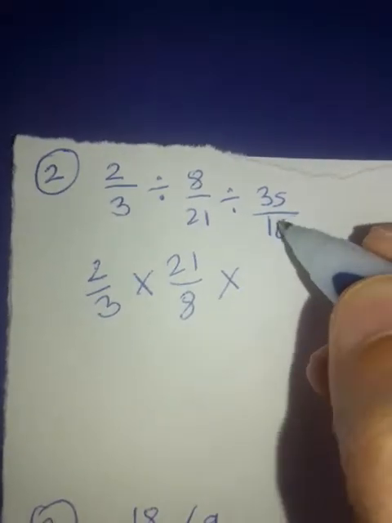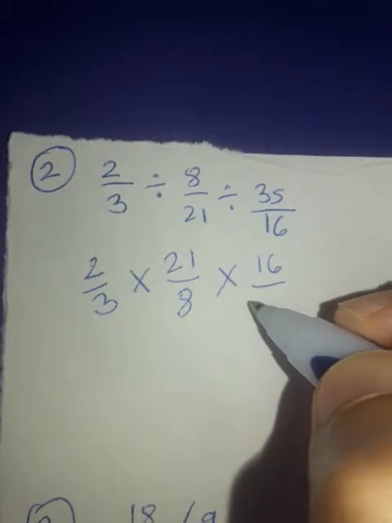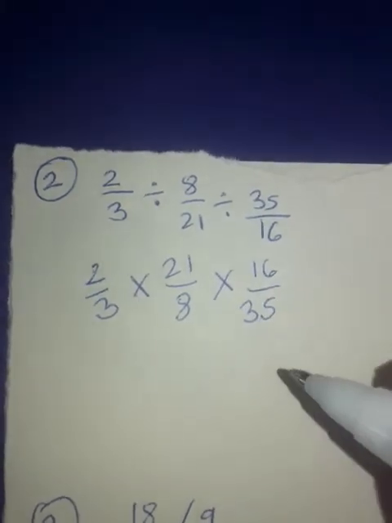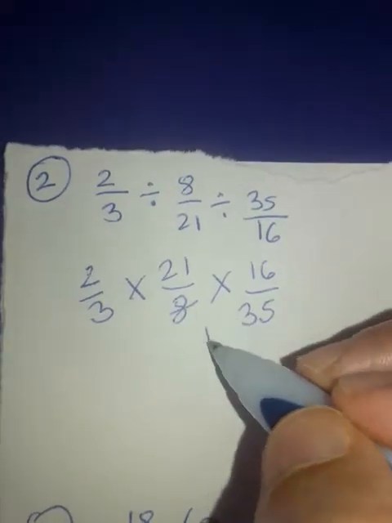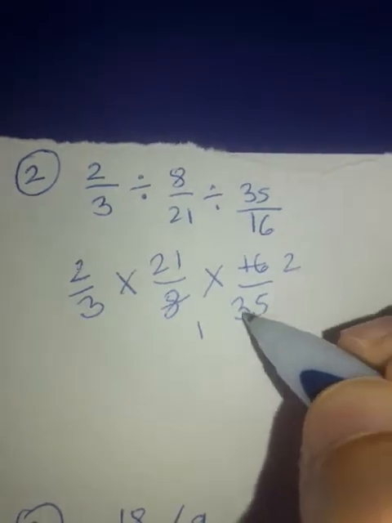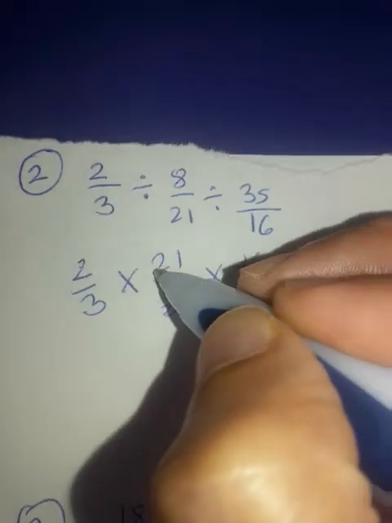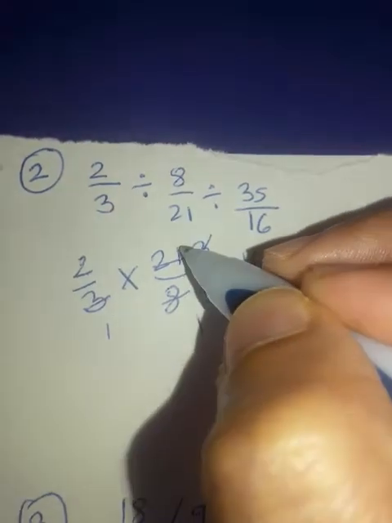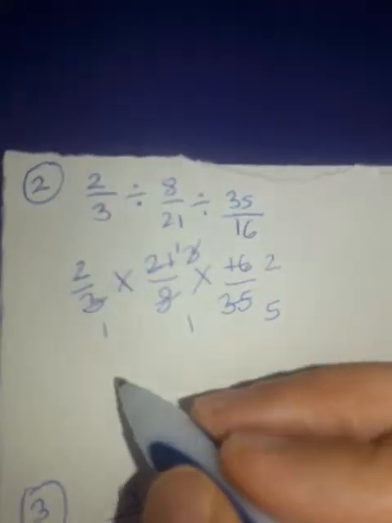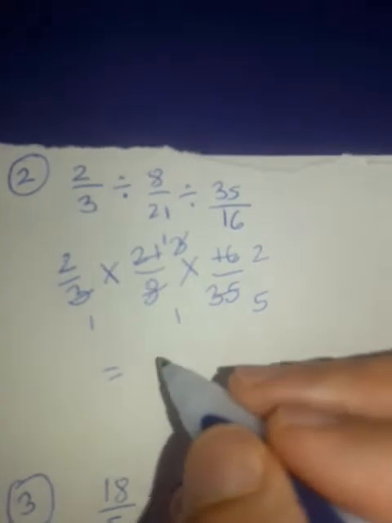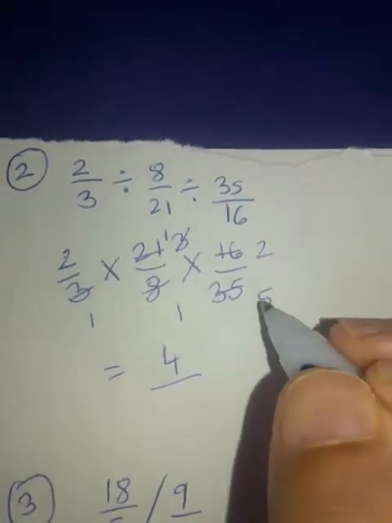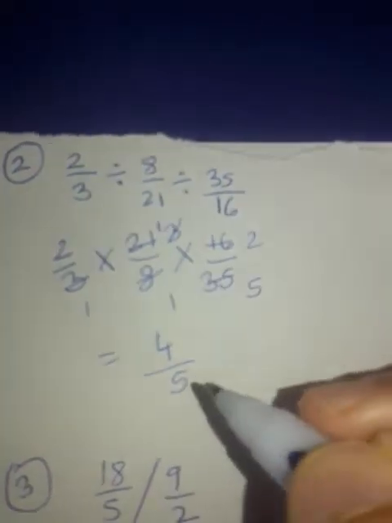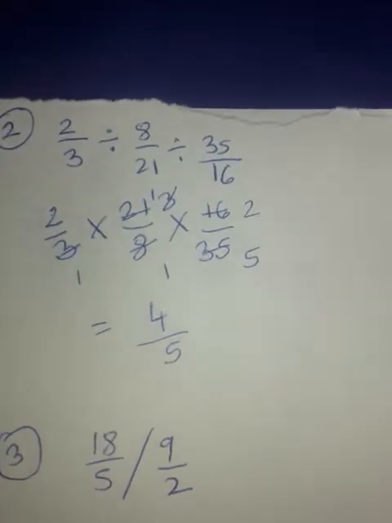Division is converted to multiplication, and this will be the reciprocal. Now carry it out. 8 ones are 8, 2 twos are 2, 7 fives are 35, 7 threes are 21. 3 and 3 are also gone, 1s are and 1s are. So in the numerator 2 twos are 4, denominator is 5. So your answer is 4 upon 5.